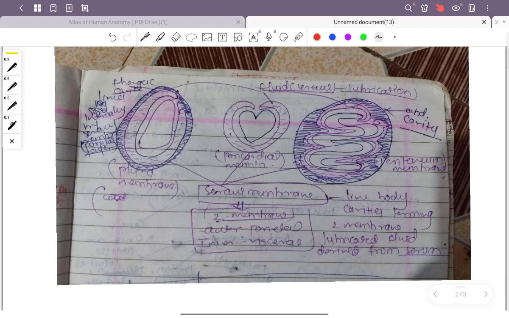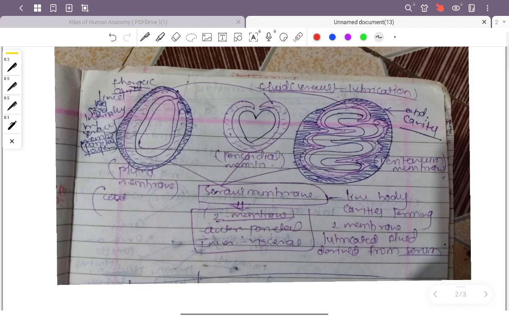Both inner and visceral start with the same pronunciation, so you can remember it in that manner. The inner layer is called the visceral layer, and the outer layer is known as the parietal layer. This is the first thing you have to remember.